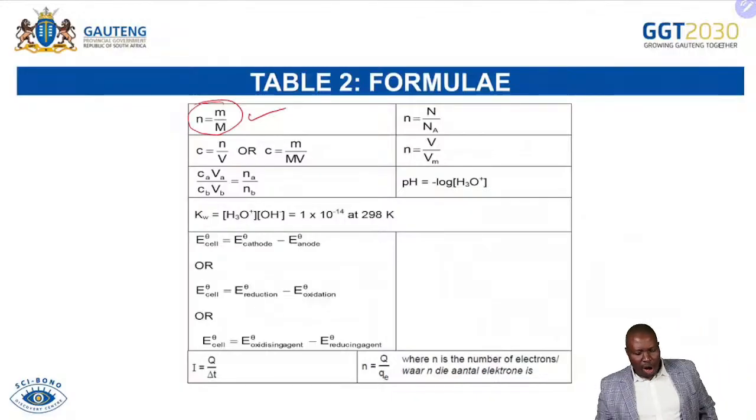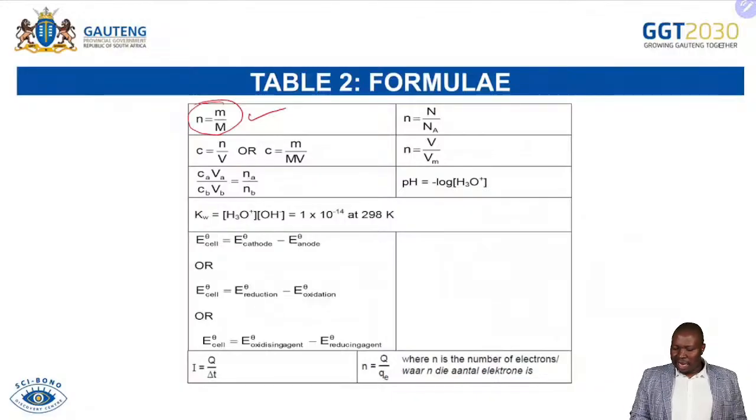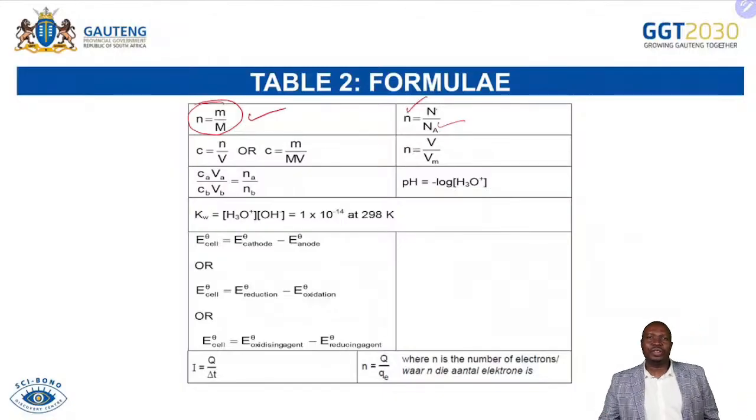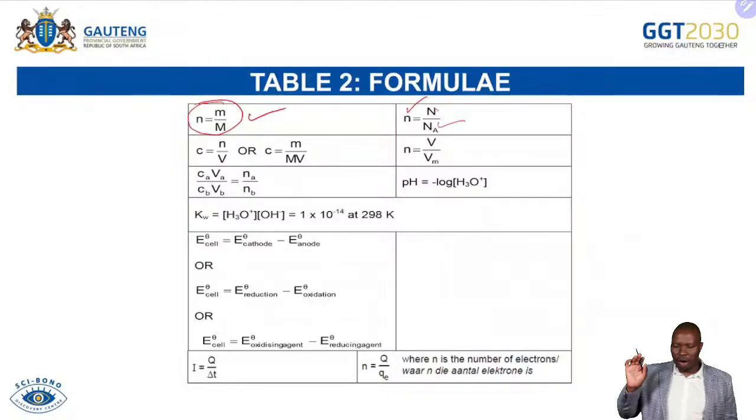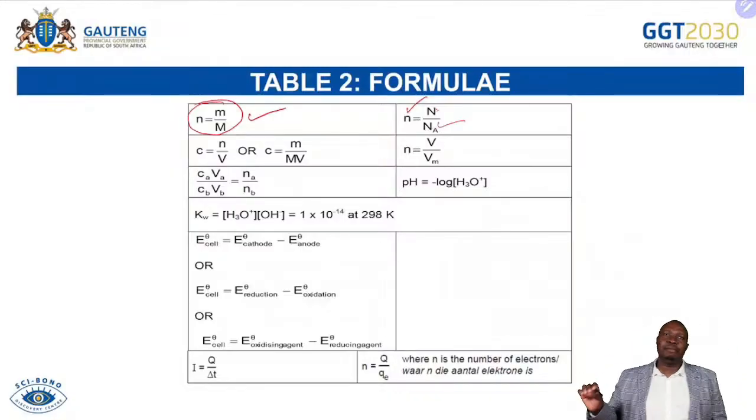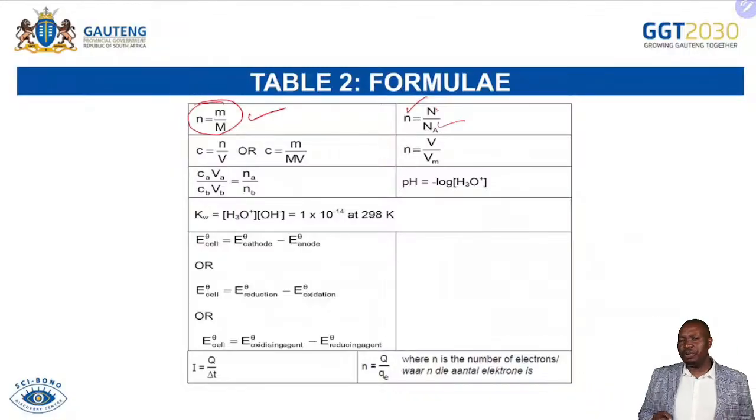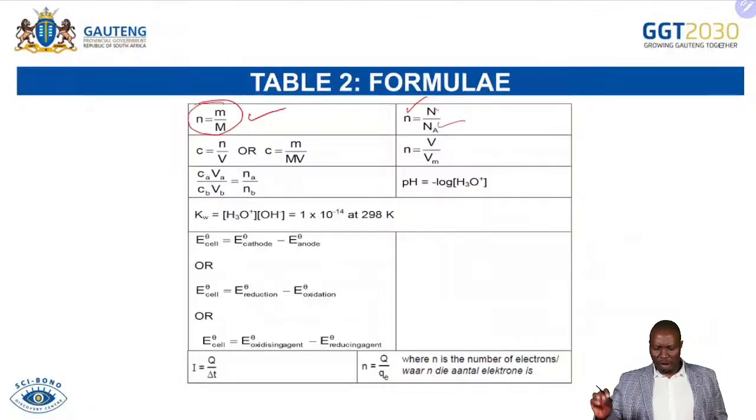And I can as well be asked, because I know Avogadro's number, if I now know the number of moles, to calculate the number of electrons or the number of particles. I must be able to substitute the number of moles and Avogadro's number. Then I can calculate the number of particles or the number of electrons. In terms of Paper 2, we're mostly talking about the number of electrons.